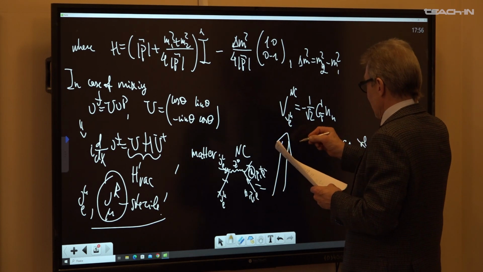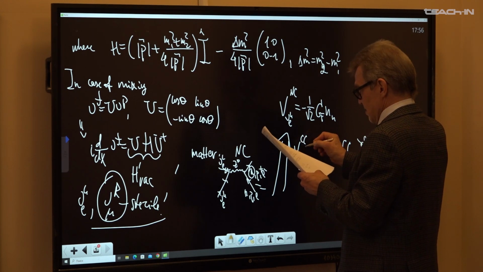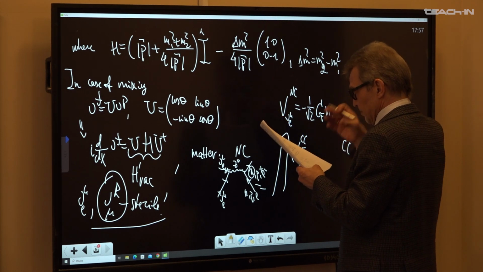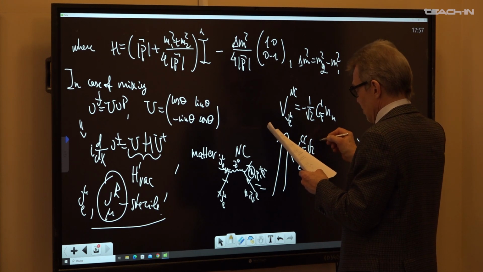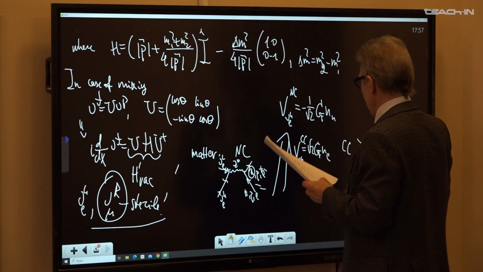And again, for the left electron neutrino, the charged current is as it was. This is square root of 2 G Fermi, the number of electrons.